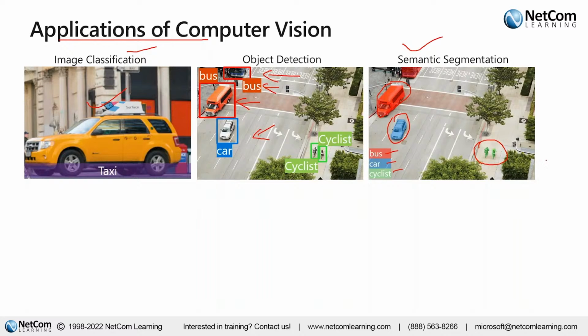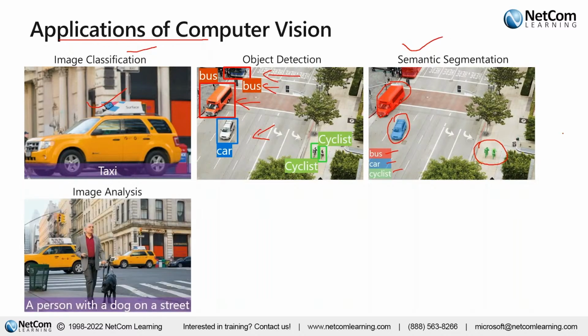Then we have some cool ones, which is image analysis. This is used in an application like Google's Street View, right? You might be using this application already. A very famous application.